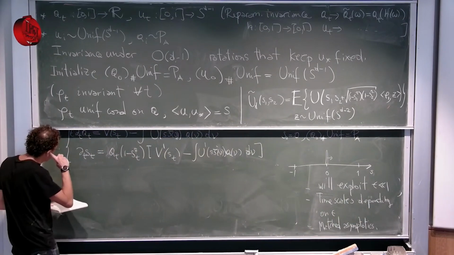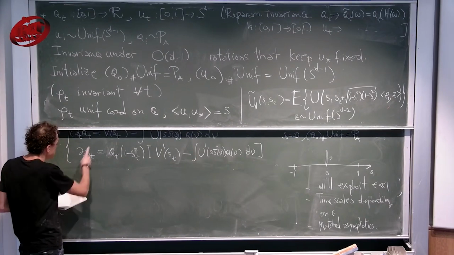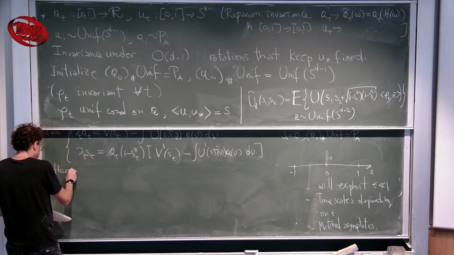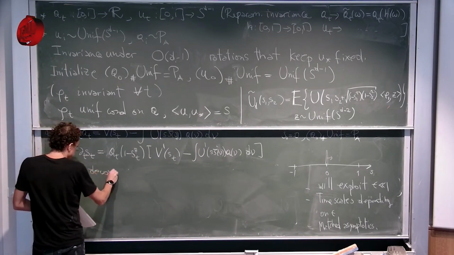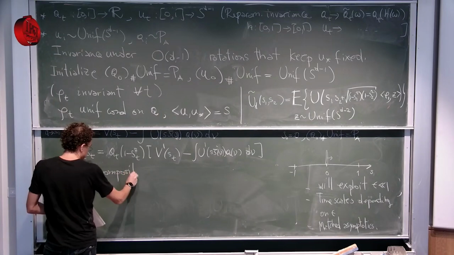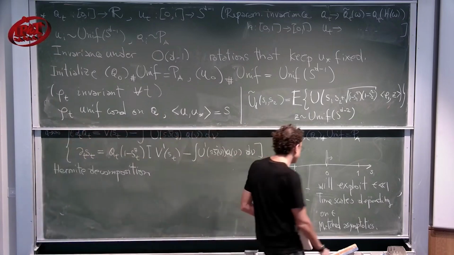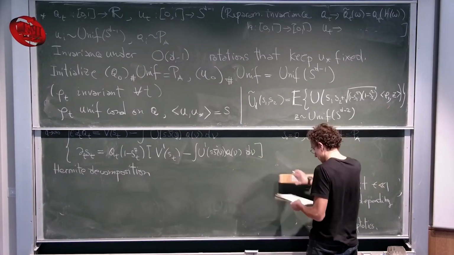So the first step to do this asymptotic expansion is to do a Hermite expansion, a Hermite decomposition of these equations, because what will happen is that each Hermite term matters on a different time scale.